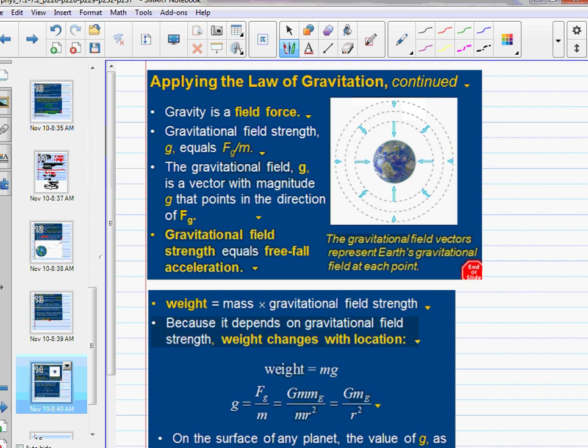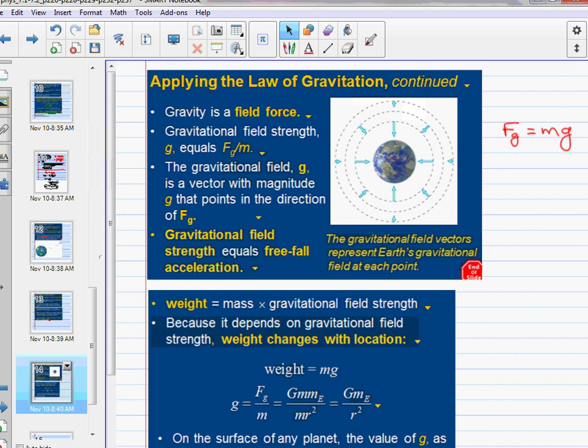Now earlier, we used force due to gravity, or weight, is mass times acceleration due to gravity. But these are actually two different ways of calculating this g. They use the same g because it's the same value.